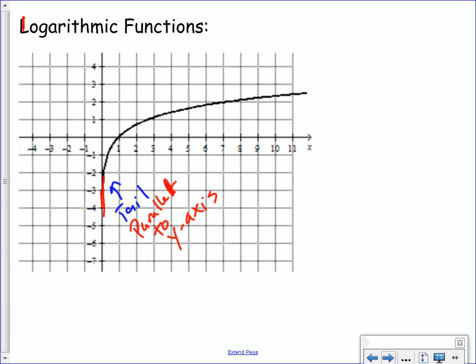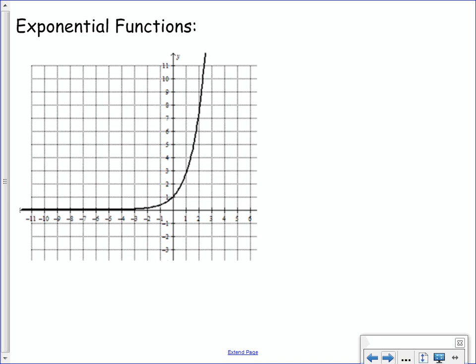Yay? Versus if the tail is parallel to the x-axis, think about the x in exponential. That would be an exponential function. Yay? And that's how you can tell the families.